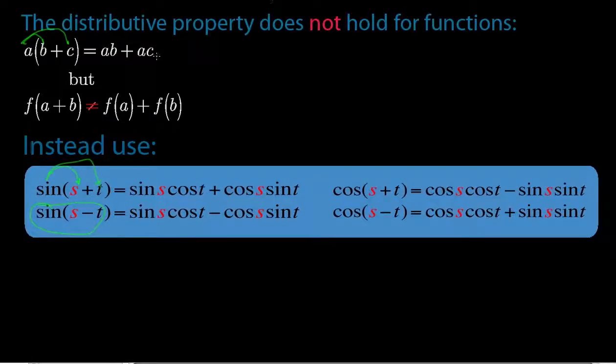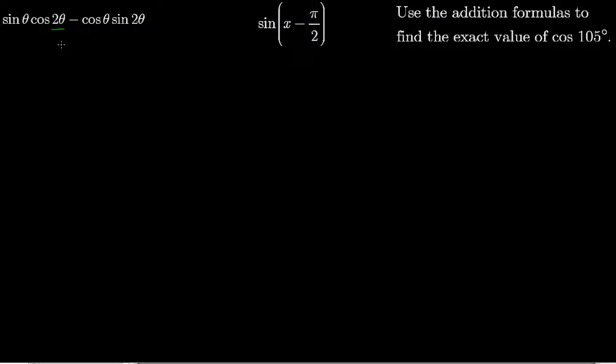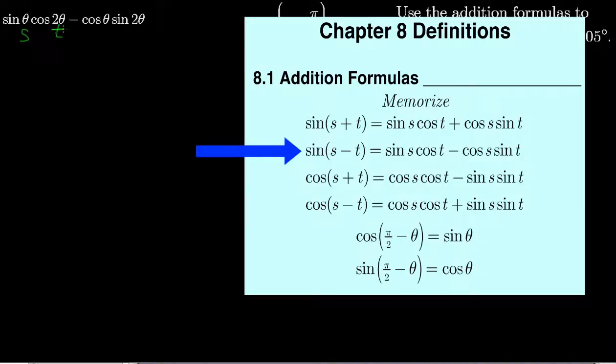So to start simplifying this question, I have this as my s and this is my t, and I'm going to think that this can be simplified into the sine of theta minus 2 theta. And again, the first angle is my s and the second angle is my t.